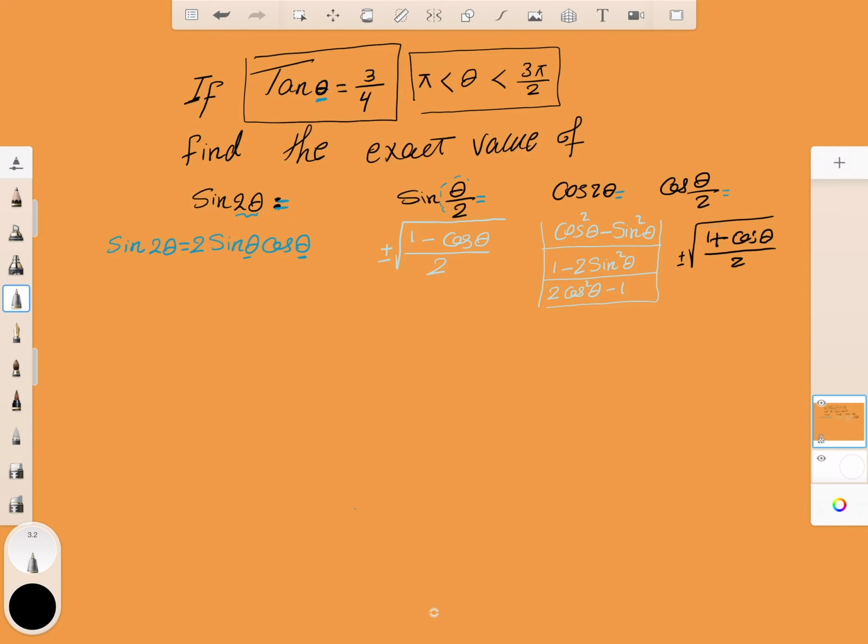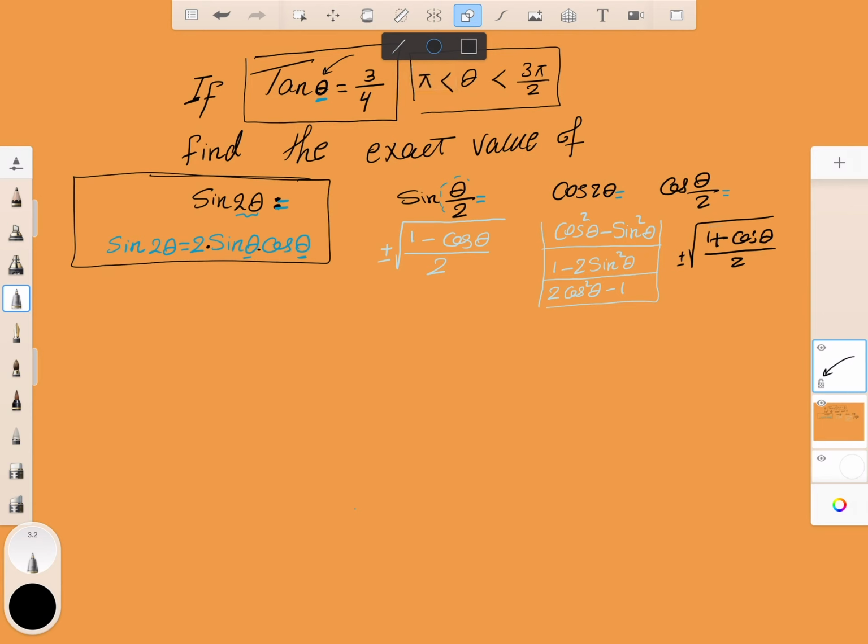So back to the first part, sine of 2 theta. We need to multiply sine theta times 2 times cosine theta. So tangent of theta is 3/4. On the unit circle, you don't know any theta whose tangent is 3/4, so we have to draw a circle.